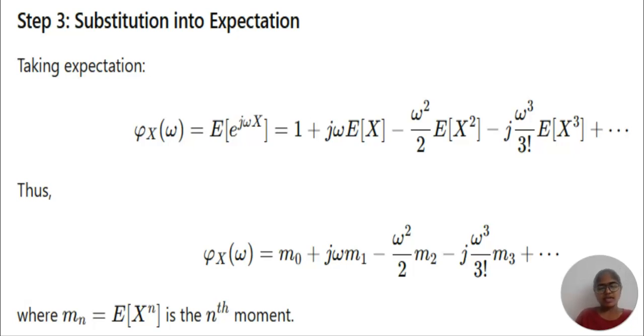Here E of 1 equal to m naught, and E of x is equal to m1, E of x square equal to m2, E of x cube equal to m3. Apply those terms in the equation and differentiate on both sides with respect to omega.